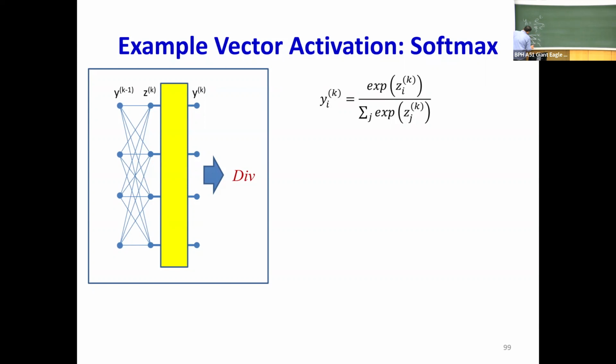But each z also influences every other y, correct? Now over here, what is the derivative of yi with respect to zi, the same guy? If I consider just a direct line, then I can write this term as yi equals e raised to zi times 1 over summation j e raised to zj, correct? Is this first term a function of zi?